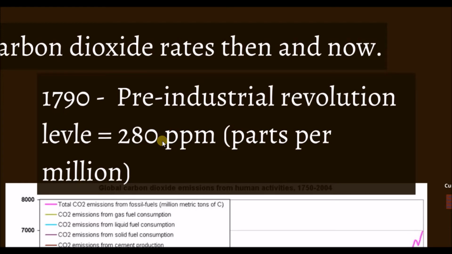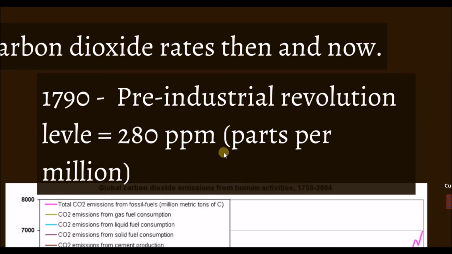Carbon dioxide, remember, only makes up 0.04% of our entire atmosphere. It really is not that much stuff in our atmosphere. But this is one of the ways that we suspect humans are increasing the carbon dioxide in the atmosphere. Before 1790, we had a pretty stable level of carbon dioxide at 280 parts per million.